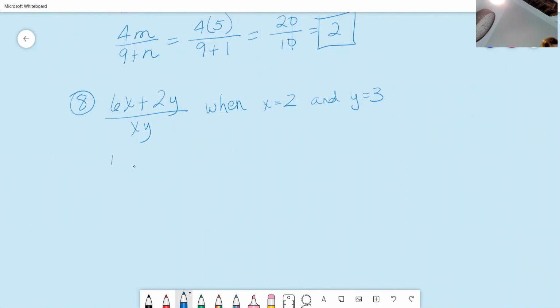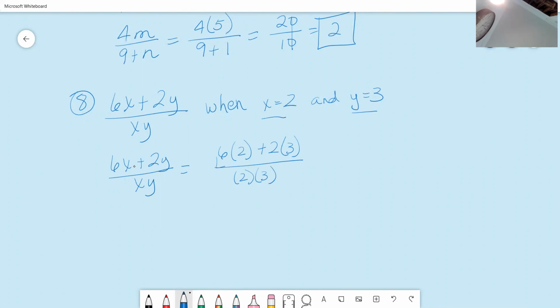Okay, so 6x plus 2y divided by xy, and then just plug in your values. 6 times 2 plus 2 times 3 divided by 2 times 3.